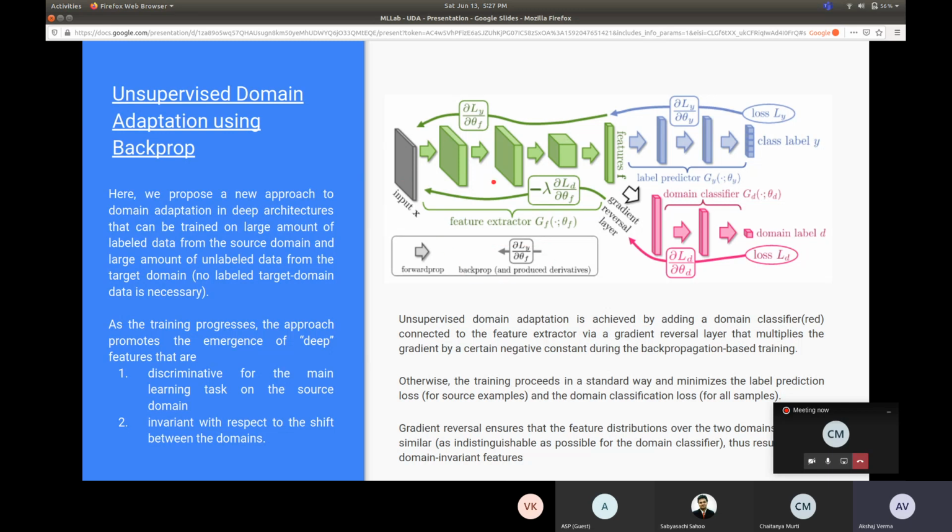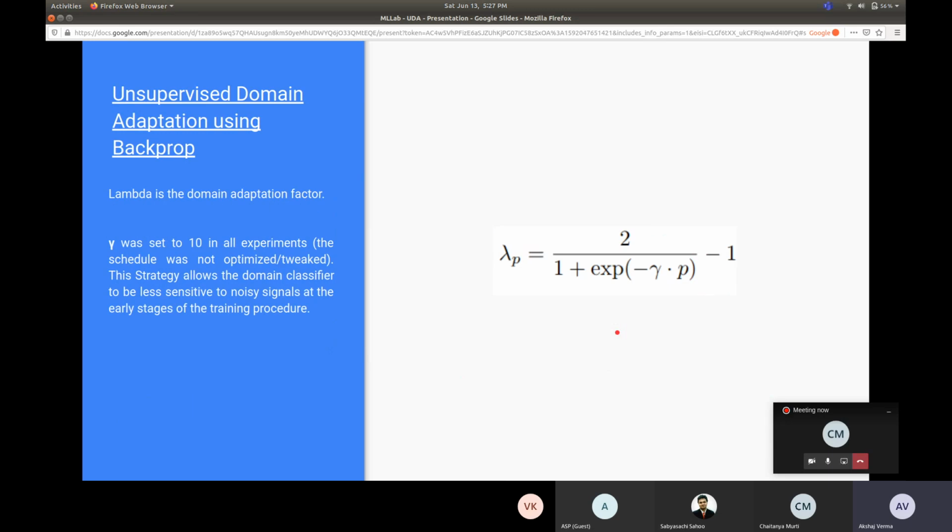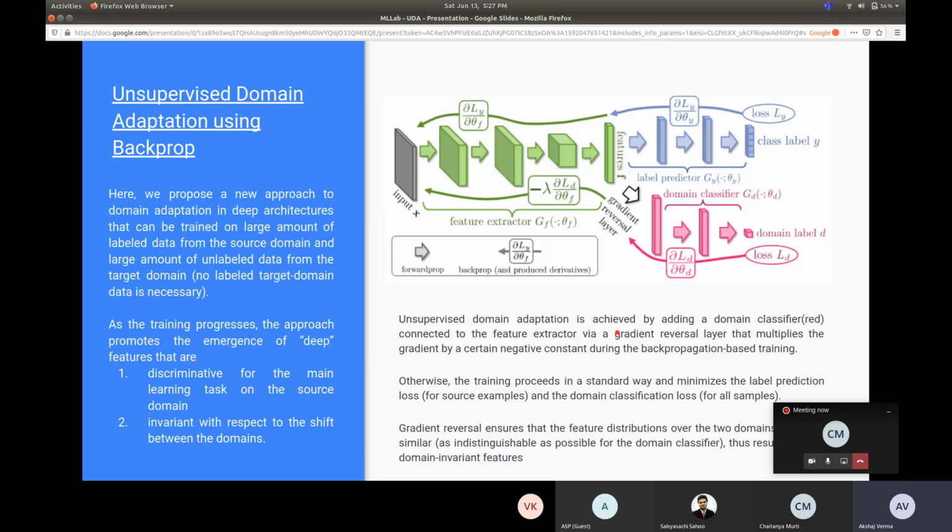So this is the core idea here, that instead of minimizing the domain loss, they are maximizing the domain loss. And like in the previous paper, there's another lambda here, which is also scaled with respect to the number of epochs. It's the weight which is applied to these gradients.